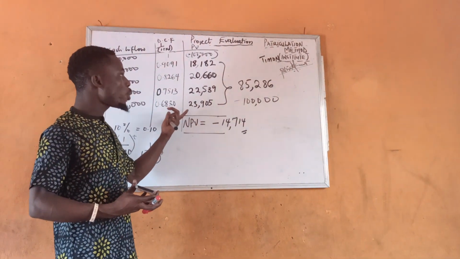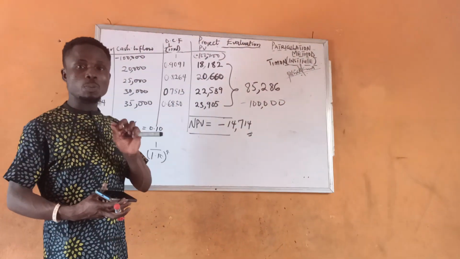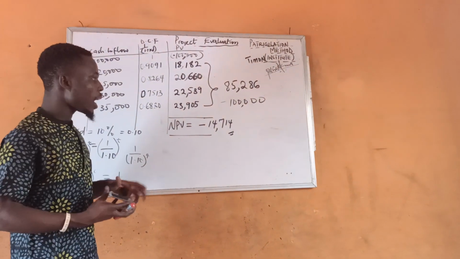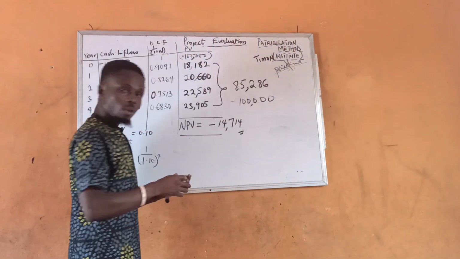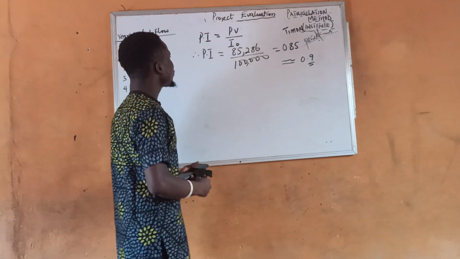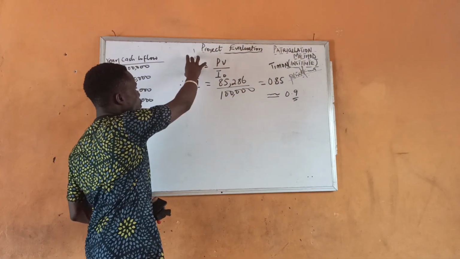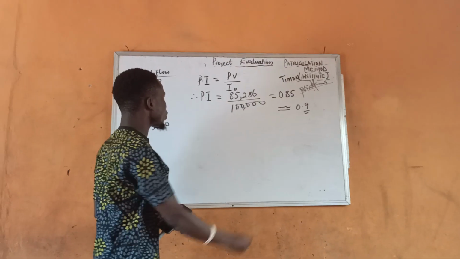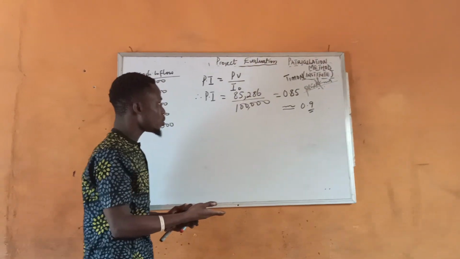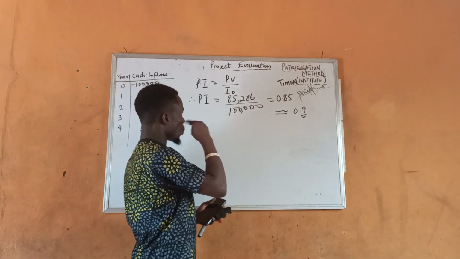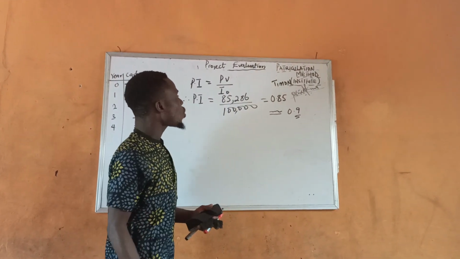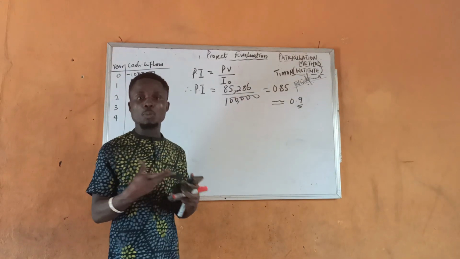Now let's try to check the profitability of this particular project. So by that, what we use in this case is what we call the profitability index, the PI. Now the profitability index, that is the second question there. We've gotten our net present value to be minus 14,714. Then now we want to know if this particular project is profitable.